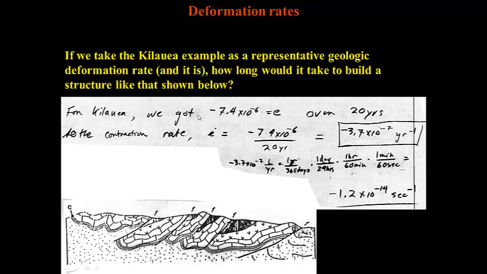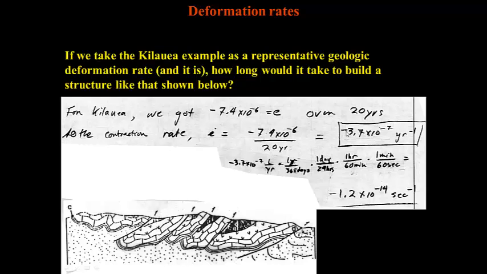So we can call something a contraction rate or an elongation rate, and there we just divide the elongation by the time. I do a little dimensional analysis here, converting from years back to seconds, just to look at the order of magnitude.